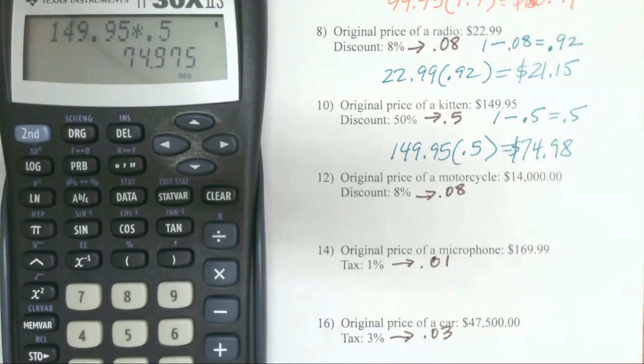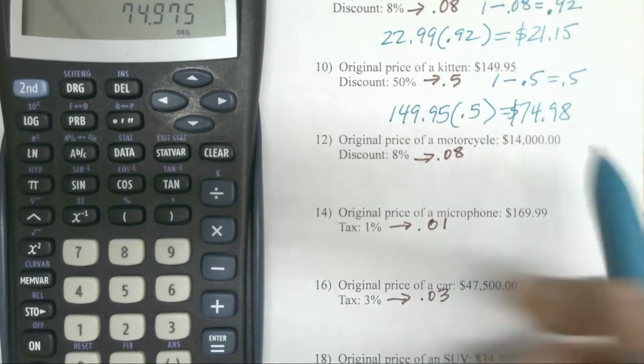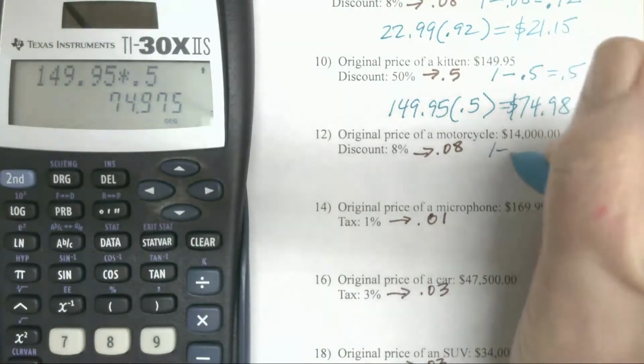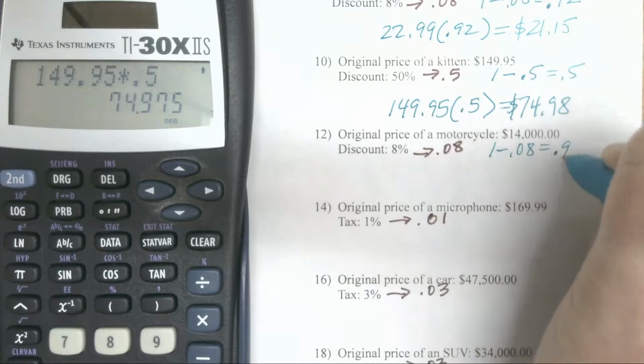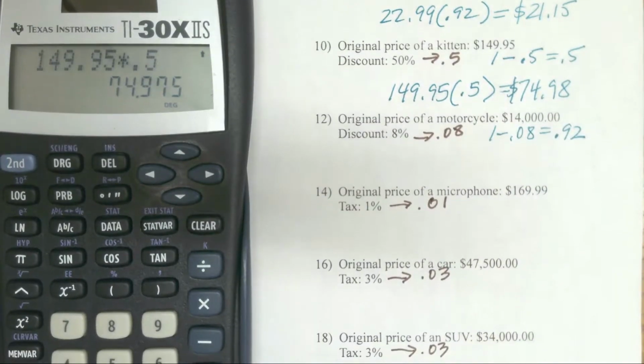I have another 8% discount. We saw that 8% discount already. Remember, it's 100 minus 8, 92. So 0.92 is the decimal that I'm actually going to be working with. The original price of the motorcycle is $14,000. I got a deal on it, 8% off.